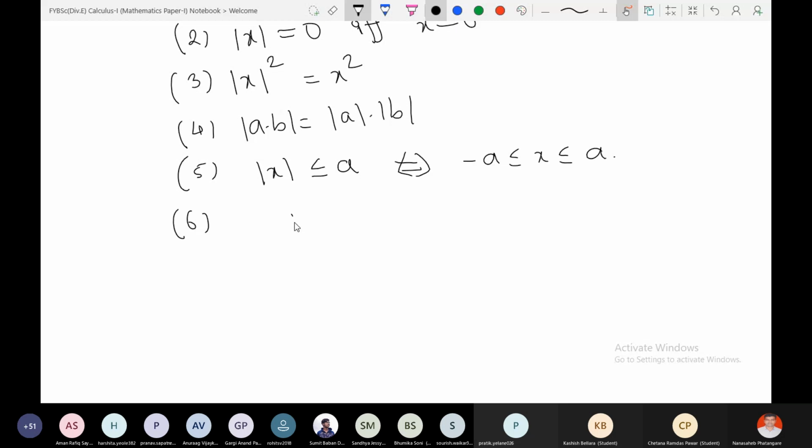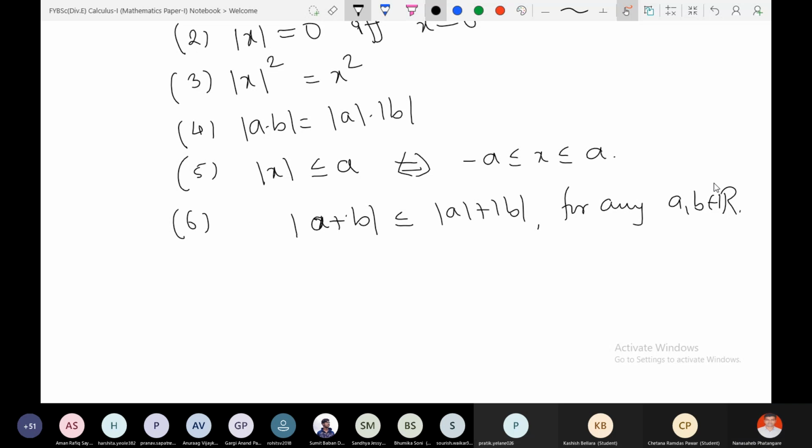Sixth, the absolute value of a plus b, or x plus y, it is just notation, is less than or equal to the absolute value of a plus the absolute value of b, for any a and b real numbers.